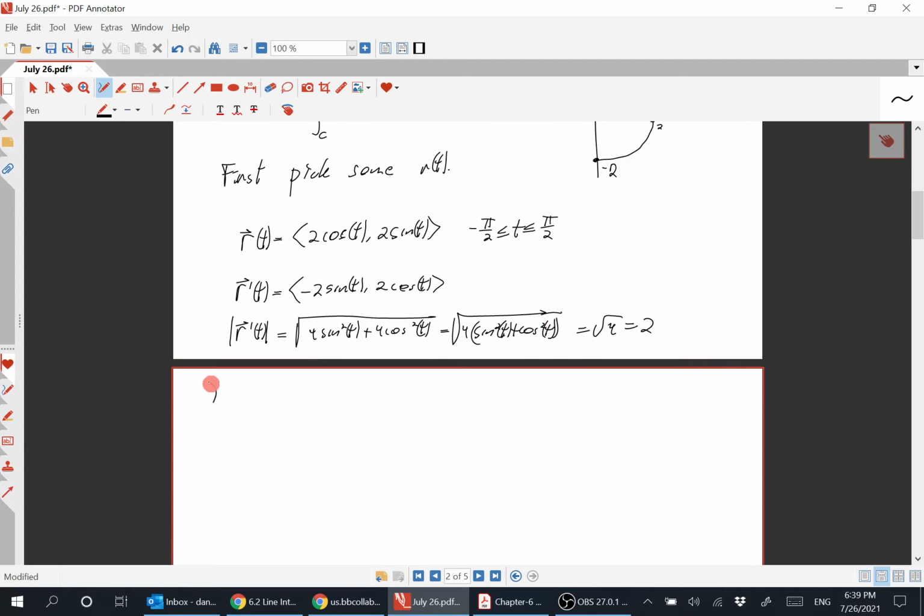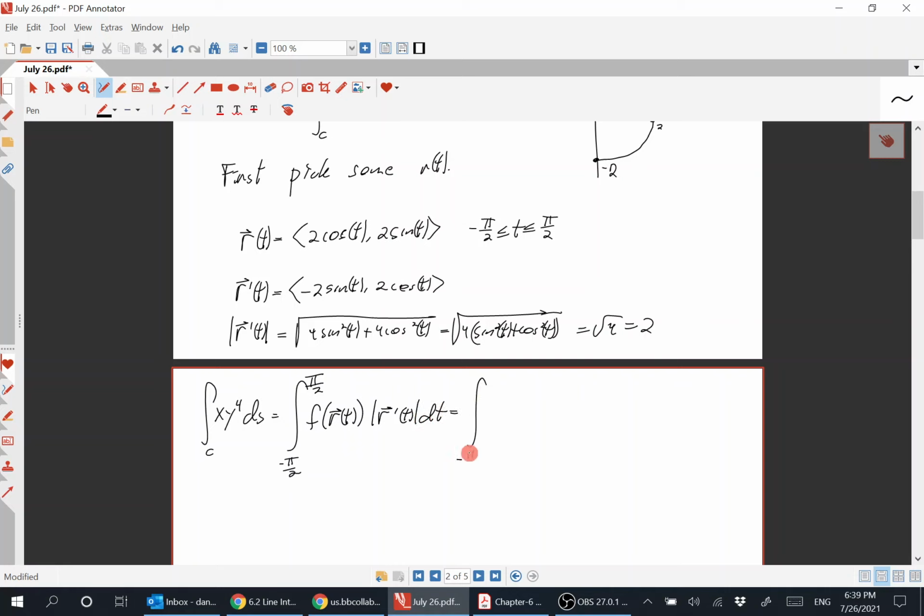Okay, so the line integral over C of xy to the fourth ds is the integral from minus pi over 2 to pi over 2 of f of r of t times the length of r prime of t dt.